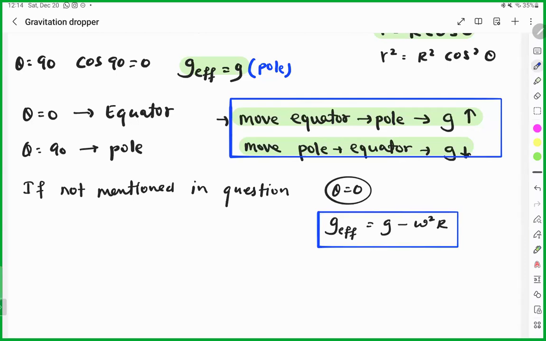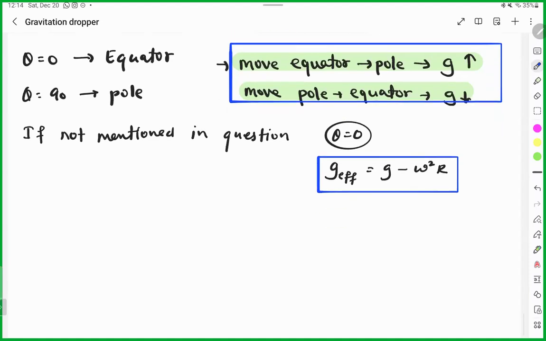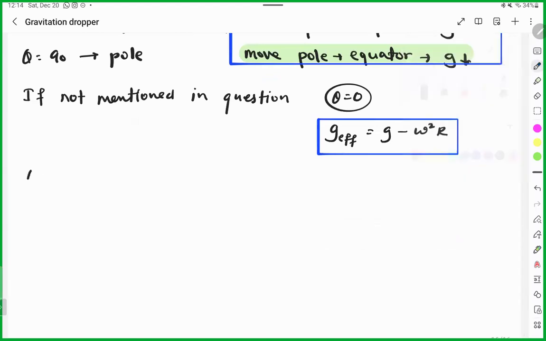No, sir. But tell me, who will tell me? Pratigya, if Earth suddenly stops rotating about its own axis, what will be the impact on the apparent weight of the bodies? Weight or g? Will it increase or decrease? Sir, please repeat the question. If Earth stops rotating about its own axis, what will be the impact on g?